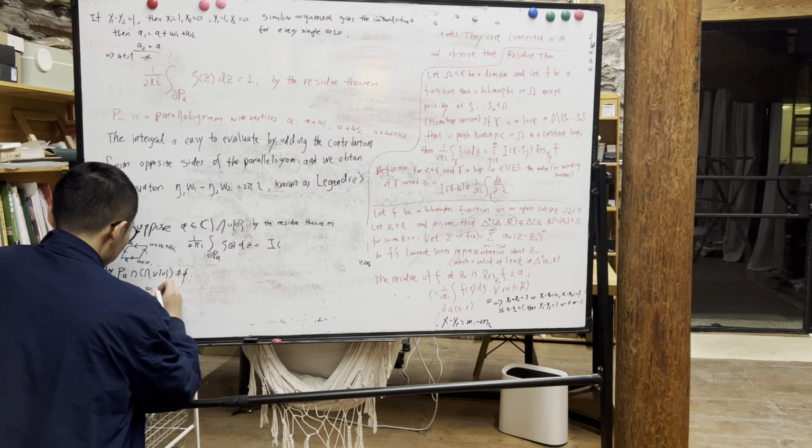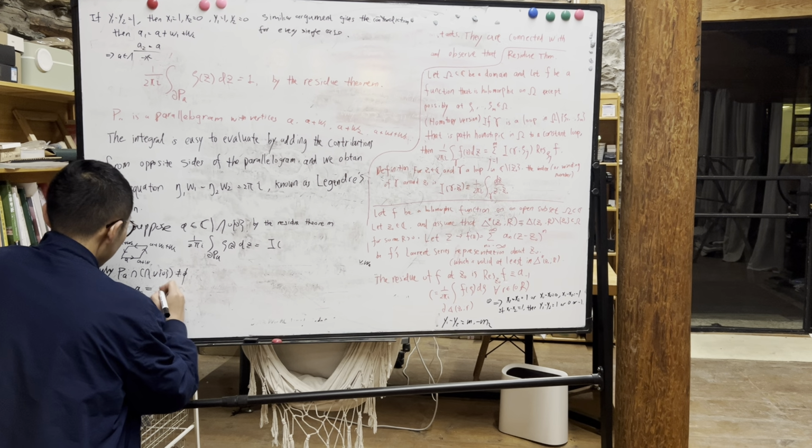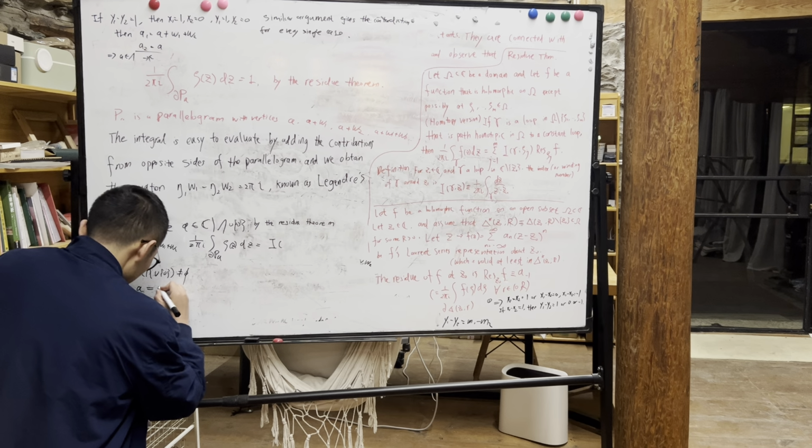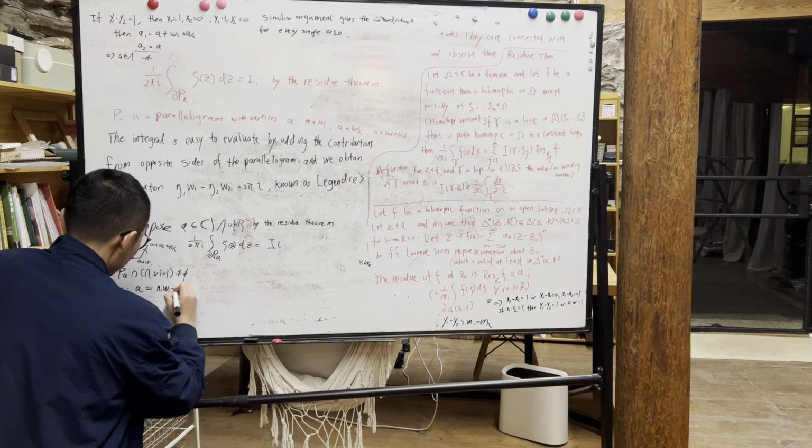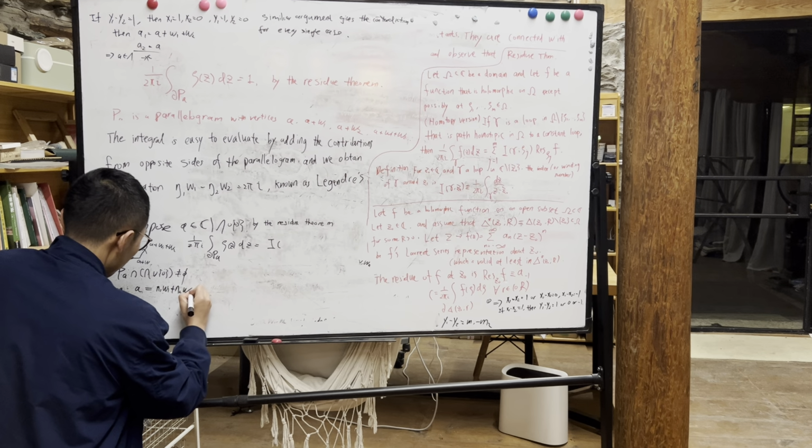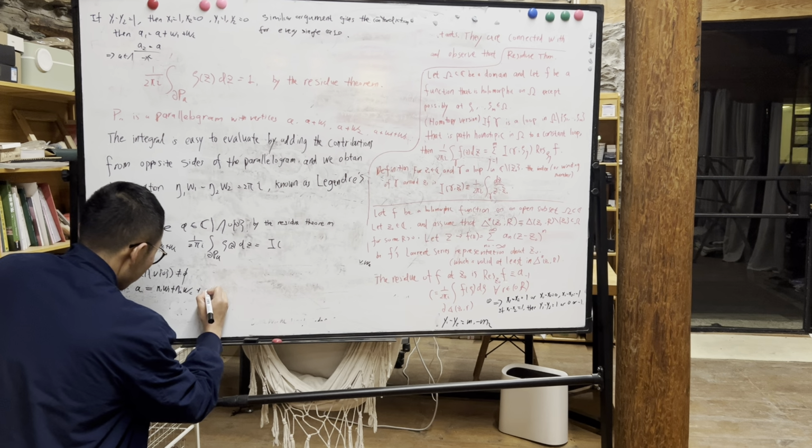So a can be written as, let's use the n1, n2 again, n1 omega 1 plus n2 omega 2 plus something like the remainder, right?